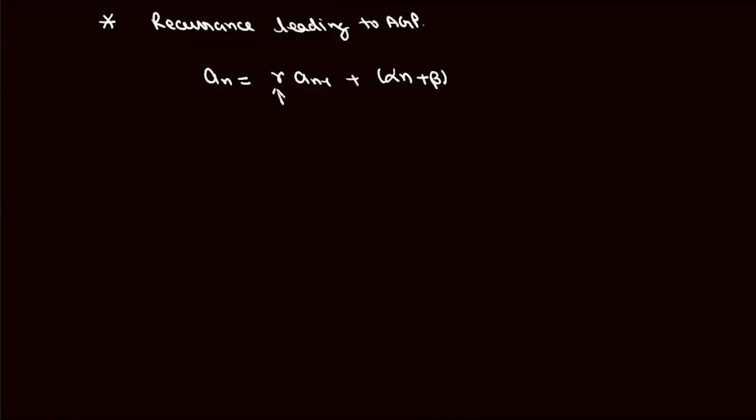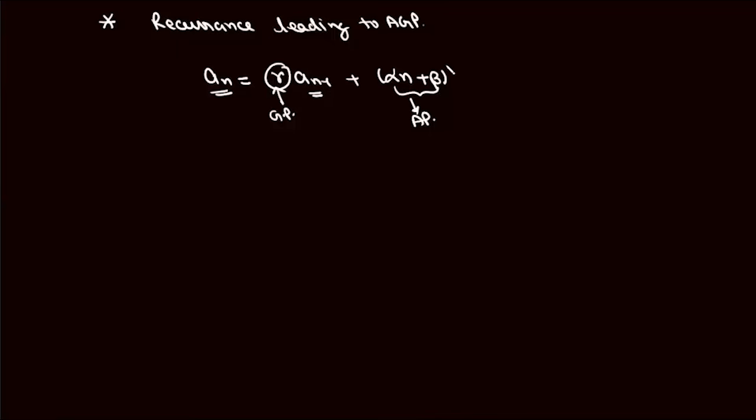Now this r relates to the common ratio of a GP, and this alpha n plus beta linear term relates to an AP, and two successive terms are related like this. So we'll get GP behavior from r and AP behavior from alpha n plus beta.